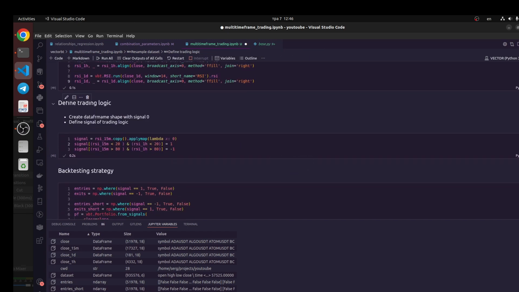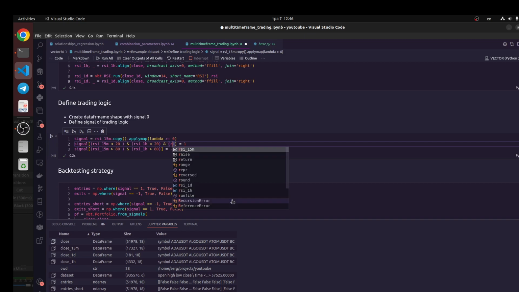And next, we need to create additional logic. We just need to write additional rules. It would be like RSI 1D. Okay, let's adjust them. And it would be also less than 30, for example, because we have only 180 days. And next, we also need to create this additional logic.